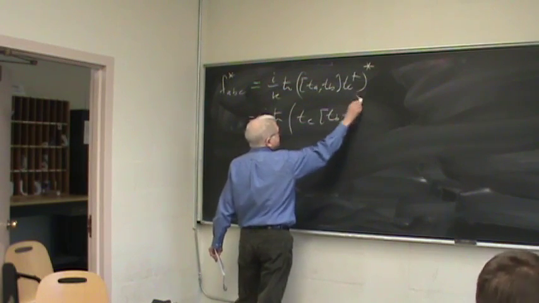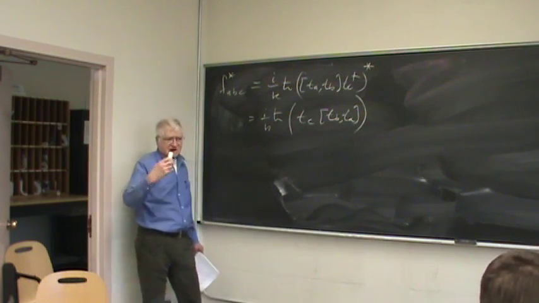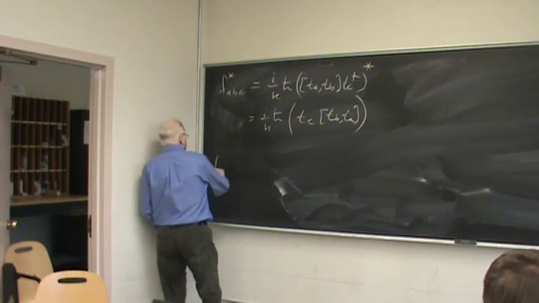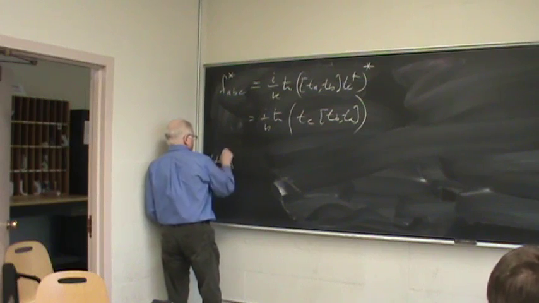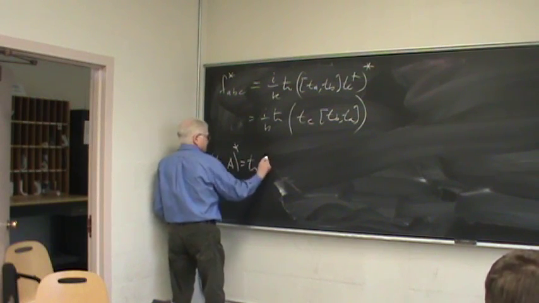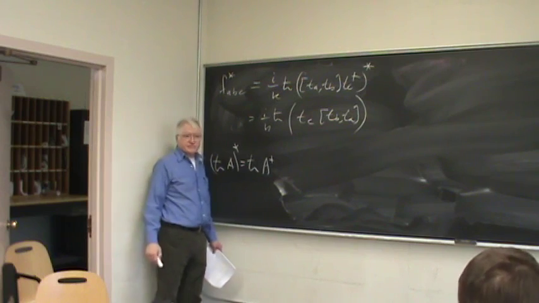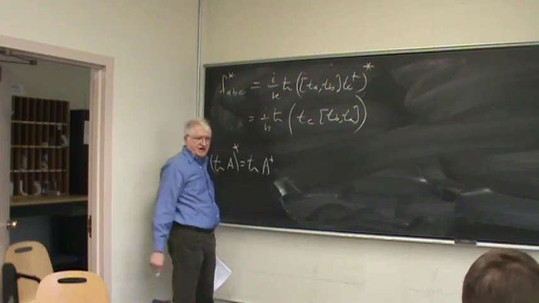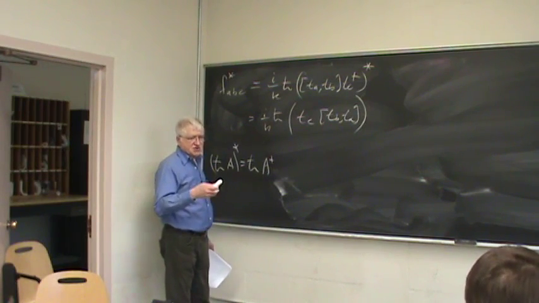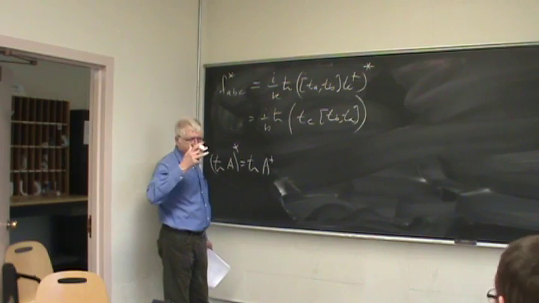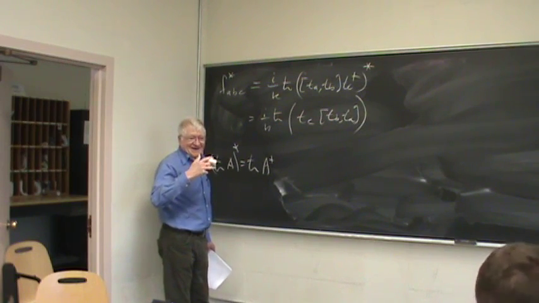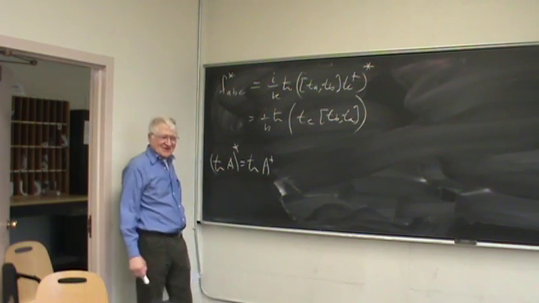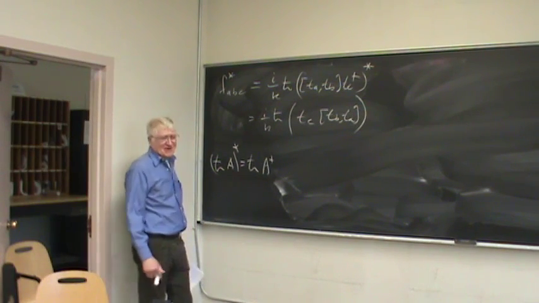I'm using the hermiticity and the way a commutator behaves when you take the complex conjugate. In other words, what I'm using here is that the complex conjugate of the trace of A is the trace of A dagger. The dagger conjugates everything and interchanges. Anyway, it doesn't matter with the trace. Okay, the transpose. Sorry.